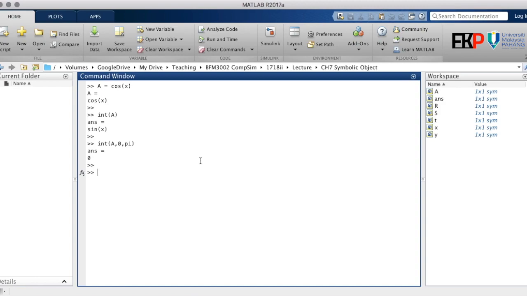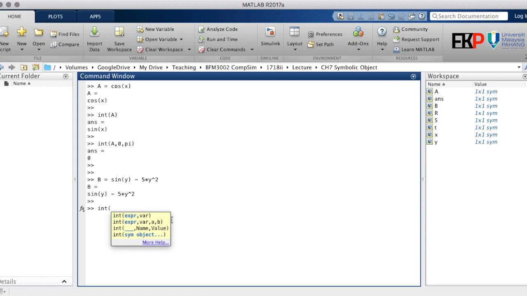Let's look at another example. Let's say we have another expression b that is equal to sine of y minus 5 times y to the power of 2. If we would like to integrate this expression, integrate of b, comma, the range is 0 until pi.